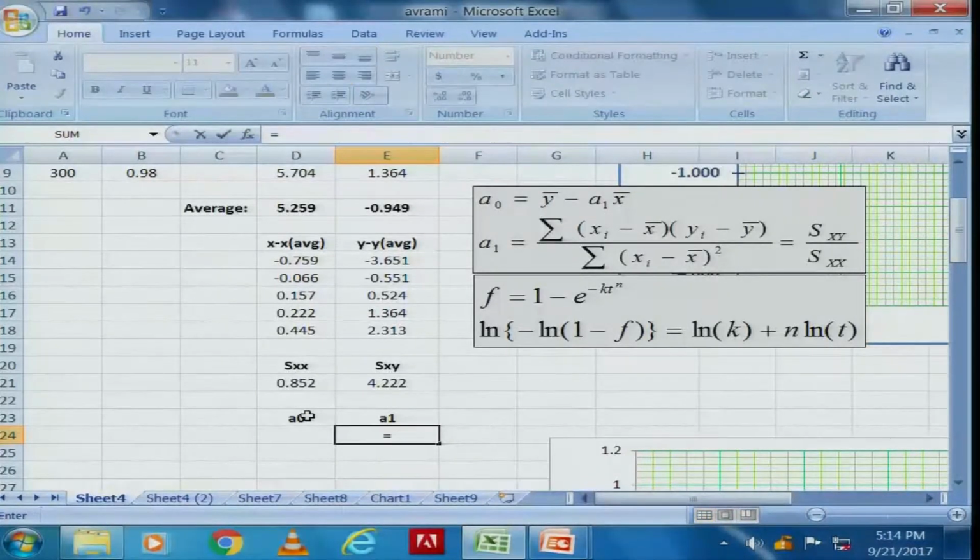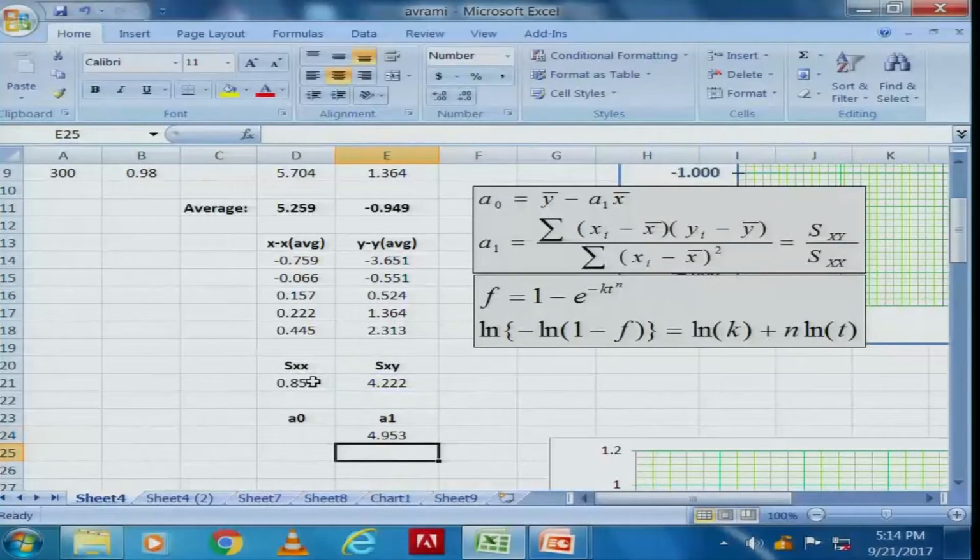So, A1 is equal to Sxy upon Sxx. Sxy is this E21 divided by the value in the cell D21, which is Sxx, and this gives me the value of A1, or the slope, 4.953, or very close to 5.